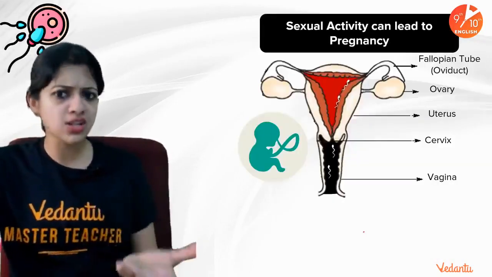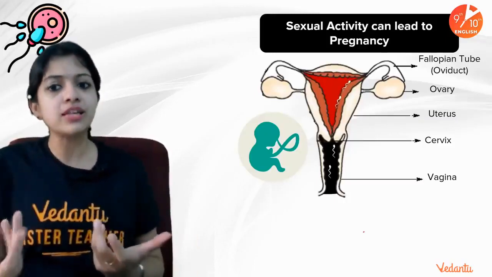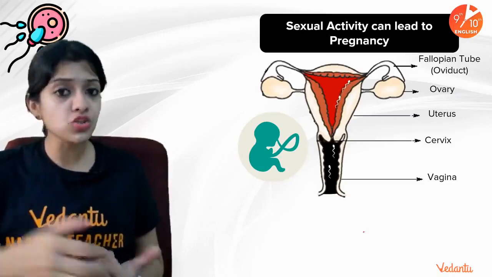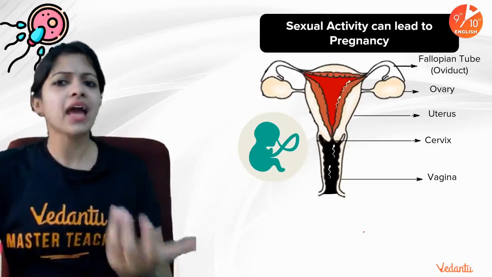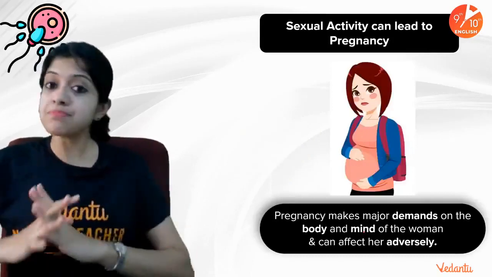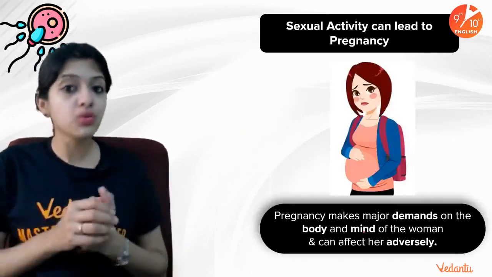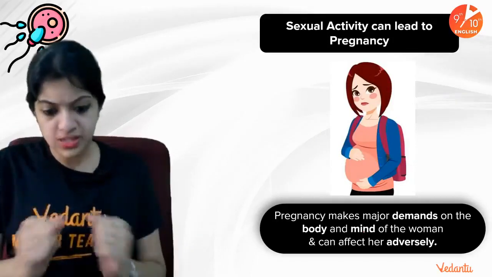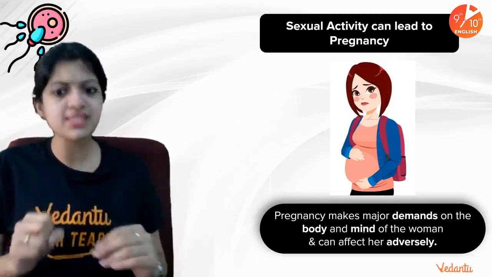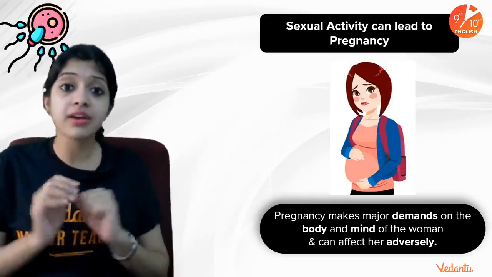Sexual activity, as I told you, has the ability to lead to pregnancy. When insemination happens and sperms enter into the female reproductive tract, it can possibly lead to pregnancy. But then it makes major demands on the body and mind of the woman. So if the woman is not completely emotionally, mentally and physically ready for it, it can affect her adversely.